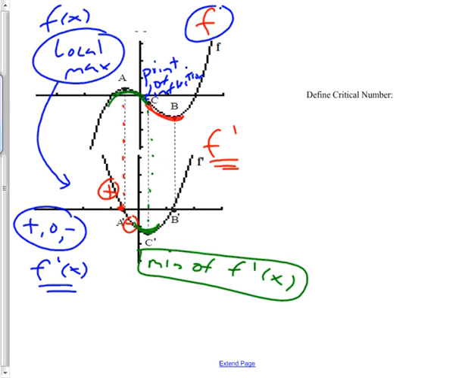And the last case, at point B here, we've got a negative slope, 0, positive slope. So negative, 0, positive for my derivative function, and that corresponds to a local minimum for my function.